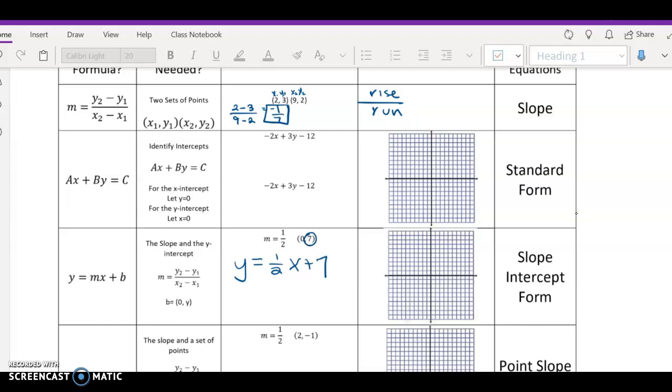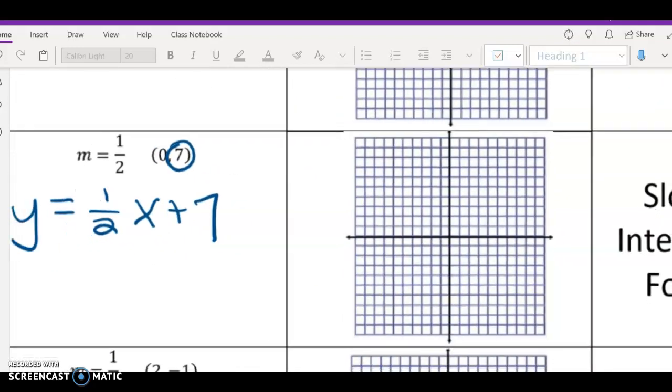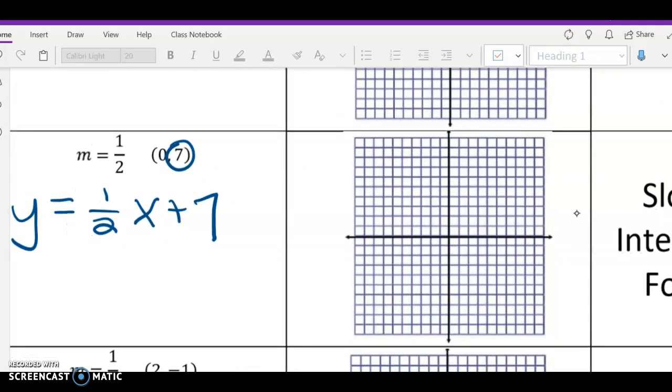So on the graph, we have to start at the origin and we go up 7. 1, 2, 3, 4, 5, 6, 7, and we plot that point. And then we rise 1, run 2. So we go up 1 over 2, up 1 over 2, up 1 over 2.